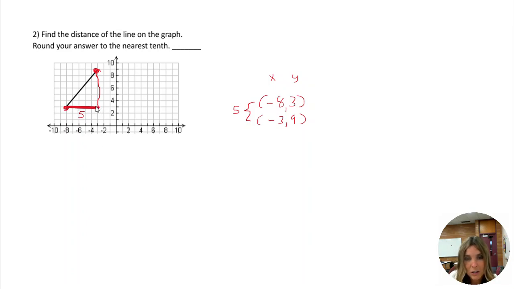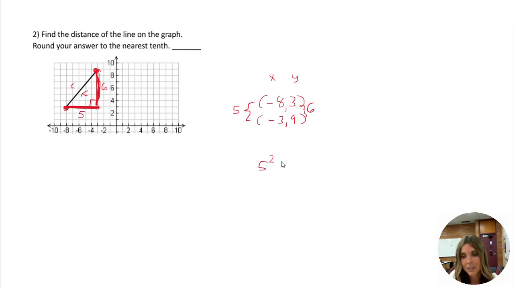And then this change right here is from 3 to 9, and you can see this is a vertical change. So the distance in between 3 and 9, if I change from 3 to 9, that's going to be 6 spaces. So that change will be 6, which means that this leg is 6. So now I know that this is my right angle, this is side C, and I'm going to use my Pythagorean theorem.